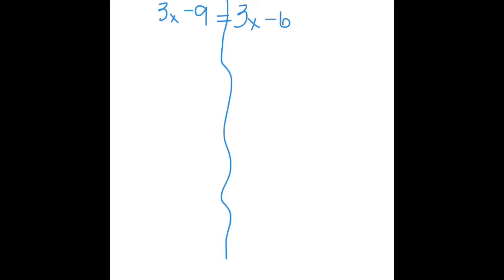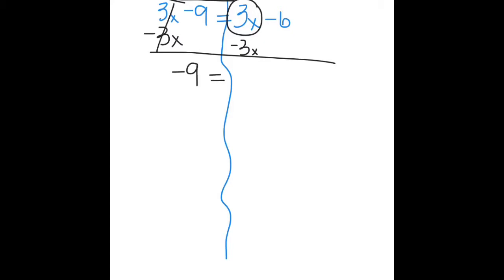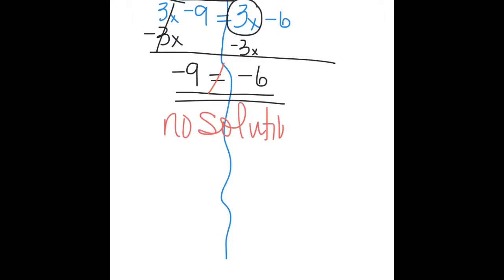All right, let's see what happens. When I move this over here, subtract 3x, subtract 3x, I end up with negative 9 equals negative 6. When does negative 9 equal negative 6? That never happens. That means this has no solution.